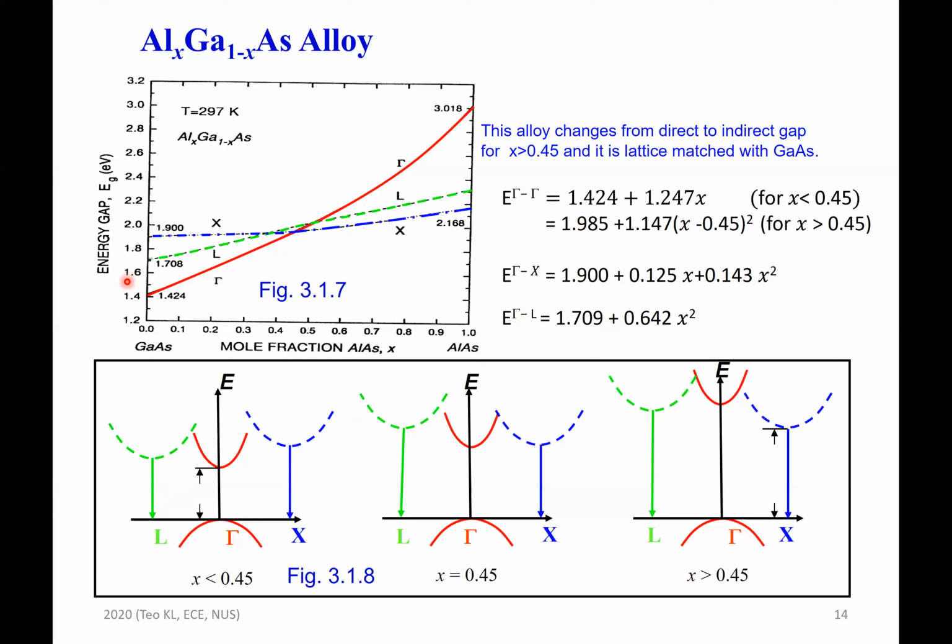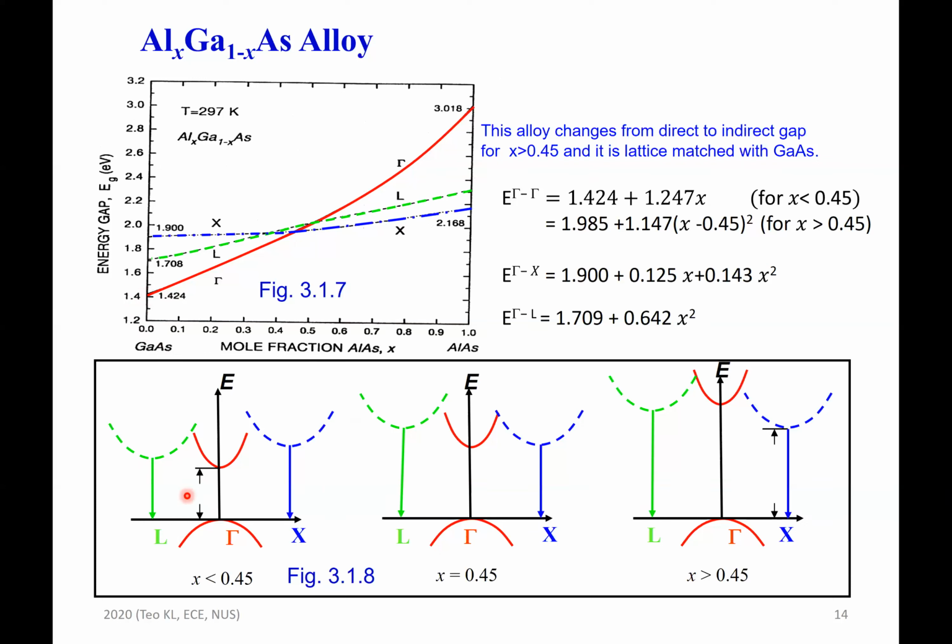Right at x equals 0, we can see that gallium arsenide is a direct band gap semiconductor. The bottom of the conduction band is the minimum, and it occurs at the same point as the top of the valence band, the gamma point. So this is a direct gap semiconductor, and this gap value is around 1.41 eV or 1.24 eV.